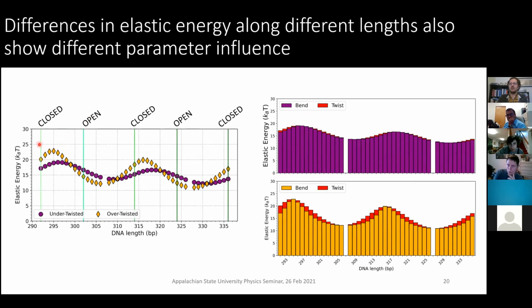And then as you see this periodic behavior, where we see the closed structures and open variations, the energy doesn't seem to deviate much from the models that we showed earlier along the path here. Most of it's bending energy. The maximum and minimum are purely bend.